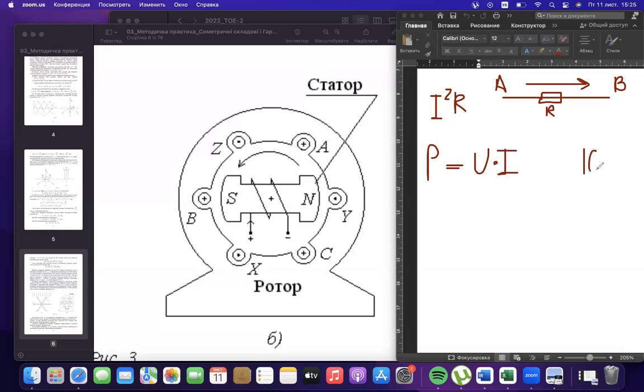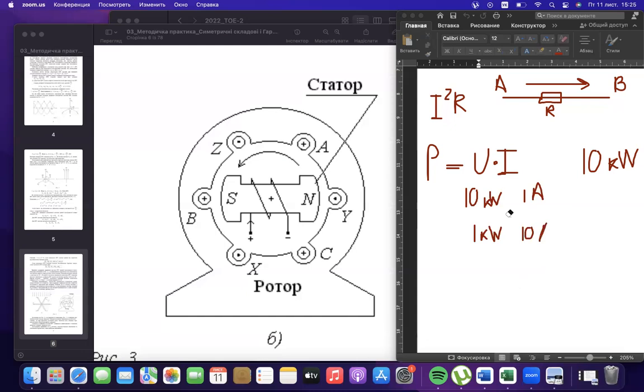If we want to transport, for example, 10 kilowatts of power to some point, then we could take either 10 kilovolts voltage at 1 ampere current, or we could take 1 kilovolt and 10 amperes.